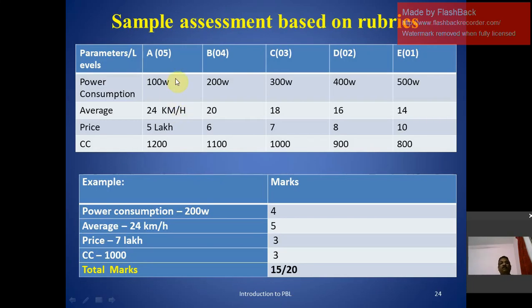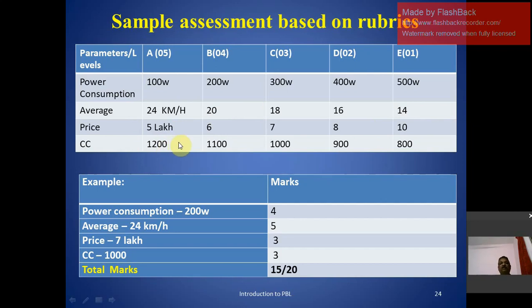So we have categorized A, B, C, D, E, and the parameters are power consumption, average, price, and cc. Power consumption is varying from 100 watt to 500 watt. Then average is from 24 kilometer per hour to 14. Then price varying from 5 lakh to 10 lakh. Then cc varying from 800 to 1200.